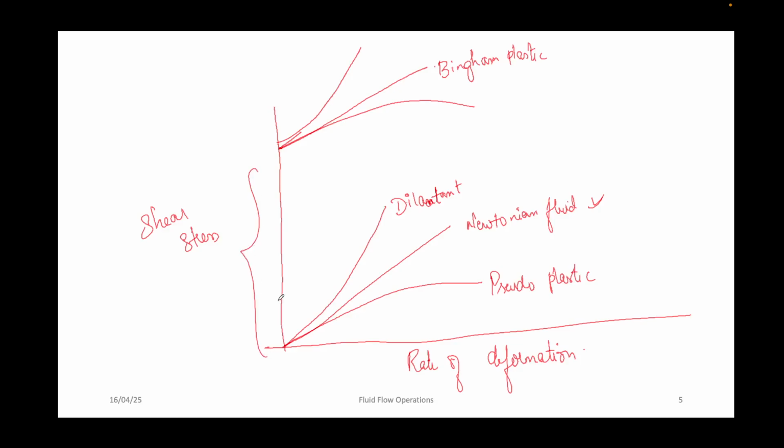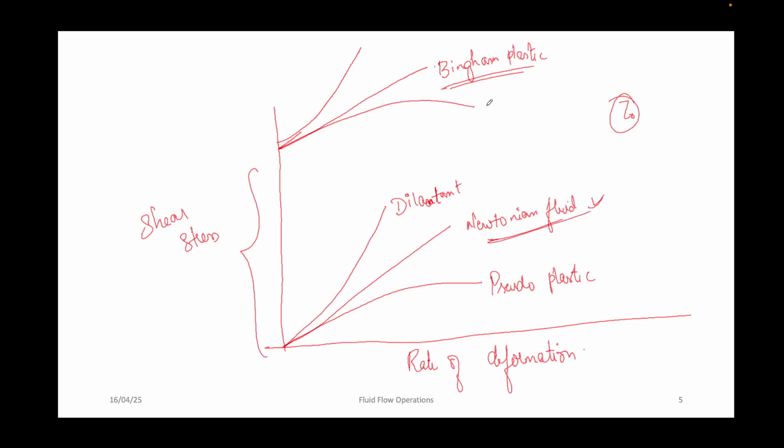Like even at zero angle deformation, they have certain shear stress, which is equal to tau naught. But once you exceed this threshold of tau naught, they behave similar to Newtonian fluids.